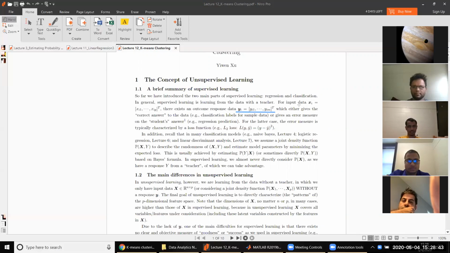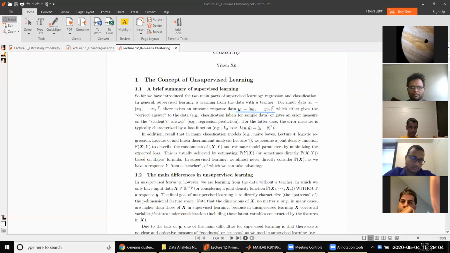So this Y either directly gives us the answer. For example, in classification, it directly tells you the label is 1 or -1, positive 1 or 0, whatever. Or sometimes if it doesn't directly give you the correct answer, at least it gives you an error measure.